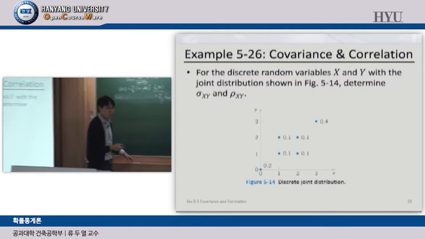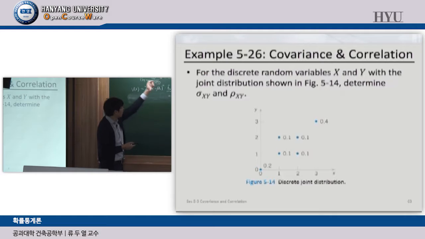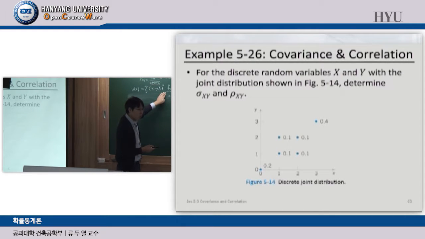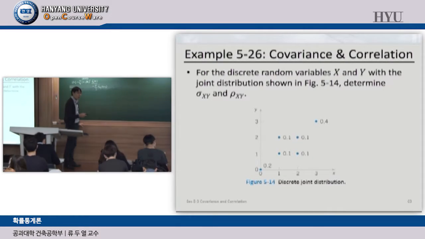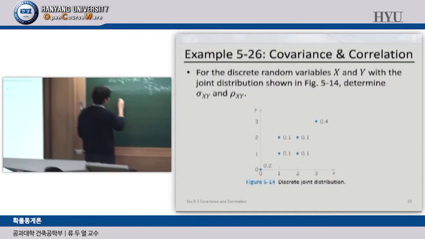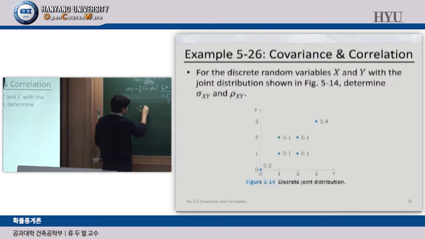This is the joint probability mass function. So this can be rewritten as the double summation, over y and over x, of x minus mu x squared by the joint probability mass function fxy, right?